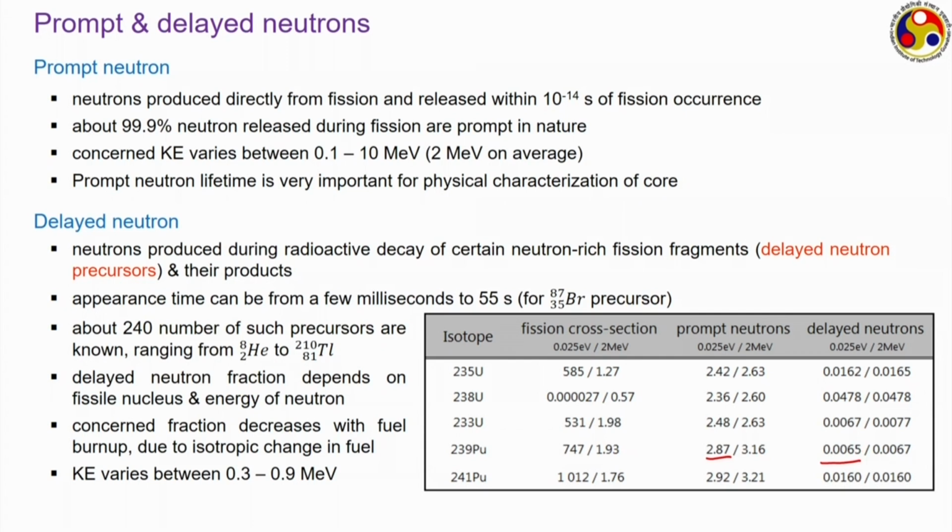But as we shall be seeing shortly in this lecture and also in the next lecture, the delayed neutrons play a very important role in controlling the reactor. In fact, it is only because of the delayed neutrons that we can successfully control a nuclear reactor. Otherwise, if we were depending only on the prompt neutrons, it would have been hell, an extremely difficult job to control a nuclear reactor. Thanks to the delayed neutrons, we can do that quite successfully.